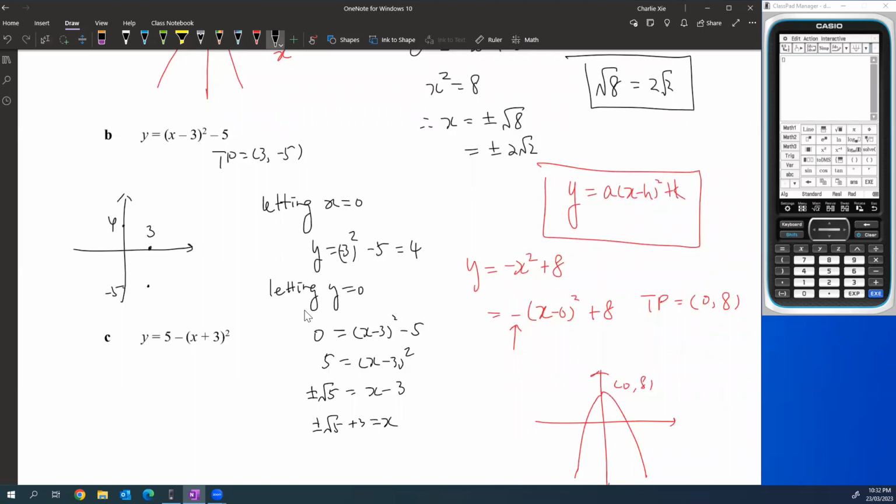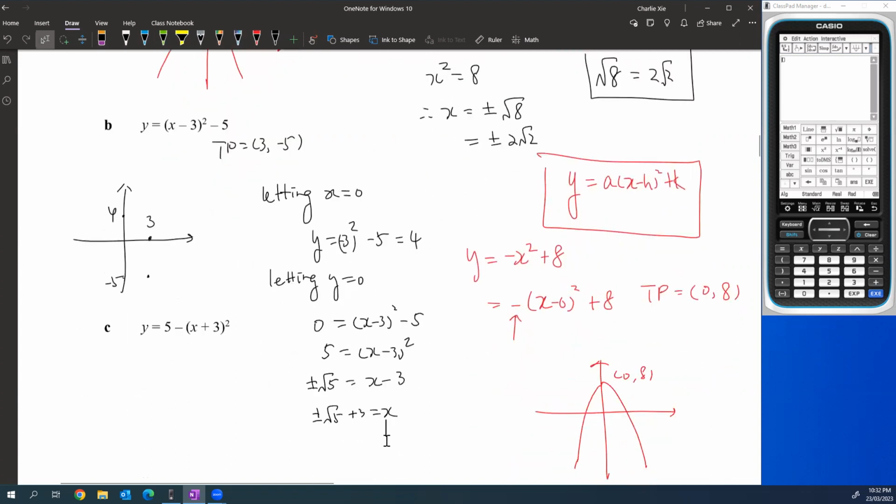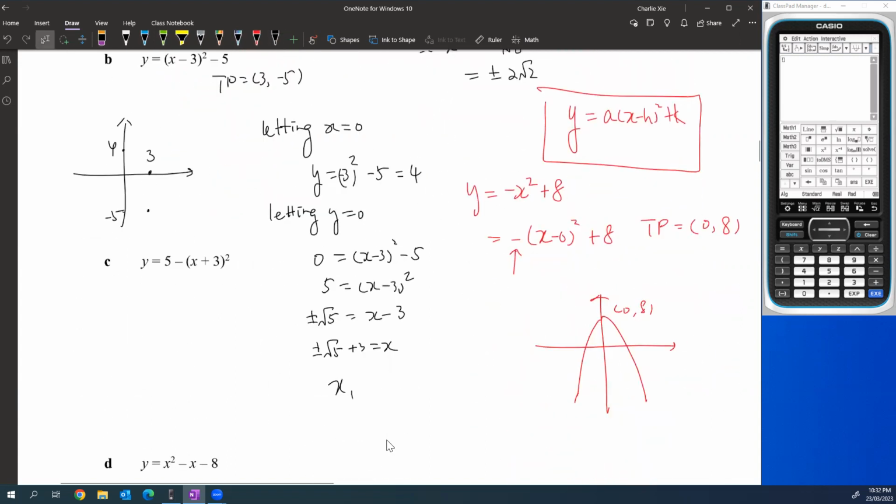And now here's a question. We've got two answers for x. One is x1 equals root 5 plus 3, and x2 would be negative root 5 plus 3. Root 5 plus 3 is obvious because it's definitely a positive number, bigger than 3, so probably here, 3 plus root 5.